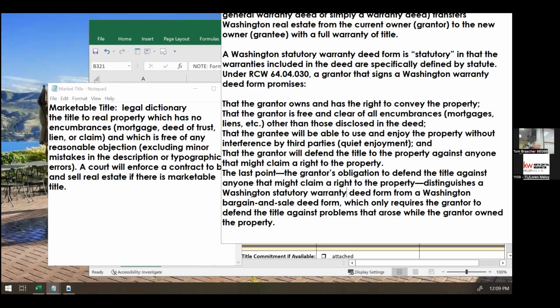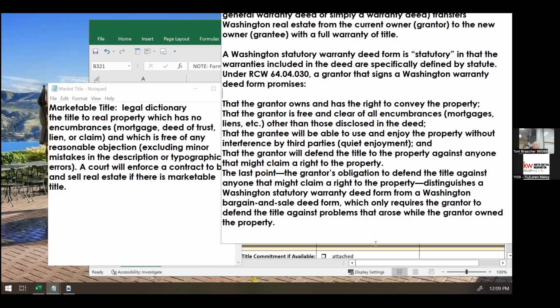In other words, if it's free of encumbrances, well, CC&Rs could be an encumbrance, but because it's specifically excluded in the purchase and sale agreement, there's a whole area there that I think is worth everybody reading, because then you can see how they really clearly define marketable title, coming down to encumbrances that have to do with money, liens, and use of the property. When I say use of the property, it's anything that would prevent you from being able to take possession of it and build on it.